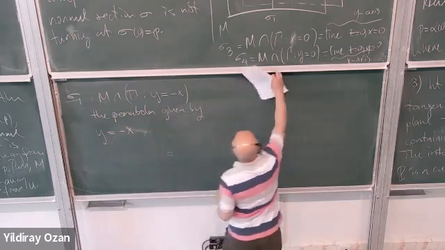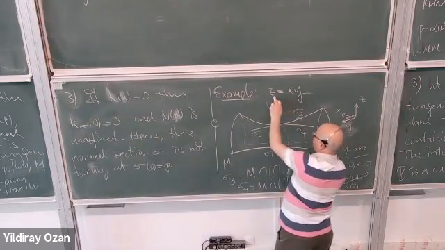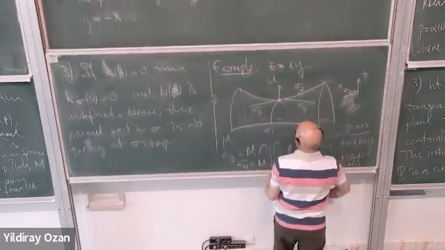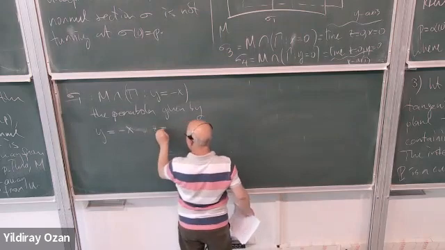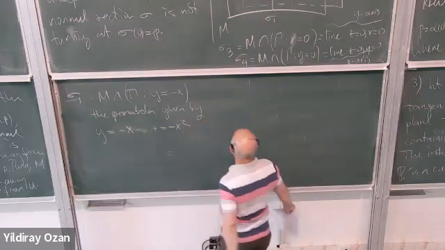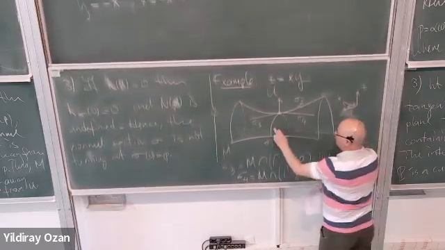And when y equals minus x, we get z equals minus x squared. So it is this one. Okay.